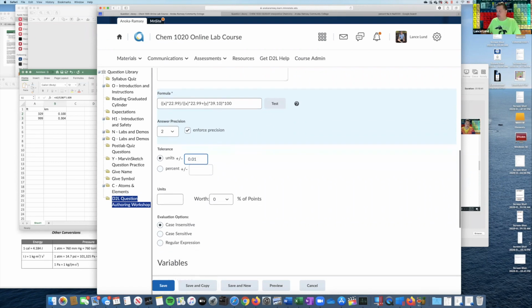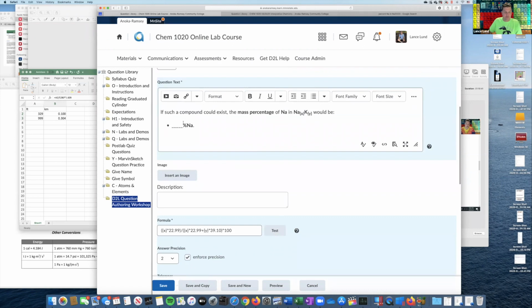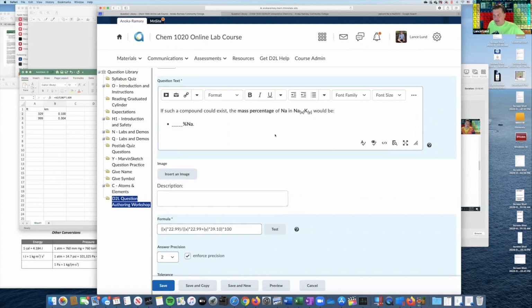And now the units that we'd put in here, I'm just going to say 0% on this one. Oh, that's right. They aren't going to put in units because in this case I've already specified them. One of the things I've learned is that percent symbols, because they are sometimes used in regular expressions, can sometimes screw up units.